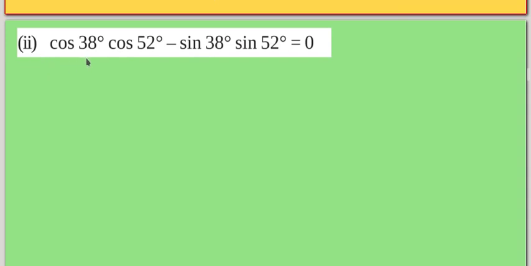For this, what can we do? Here, this is in terms of cos and this is in terms of sin. If both are in the same pattern, we can add or subtract, isn't it?